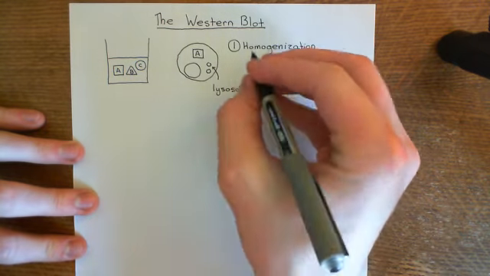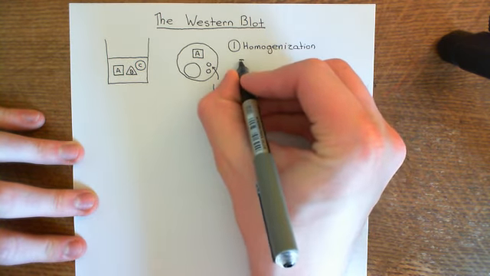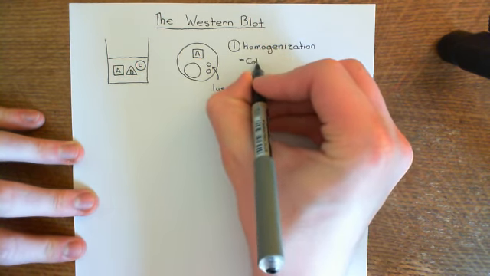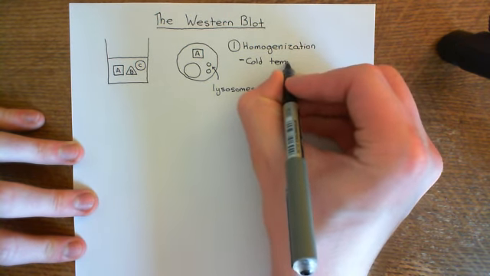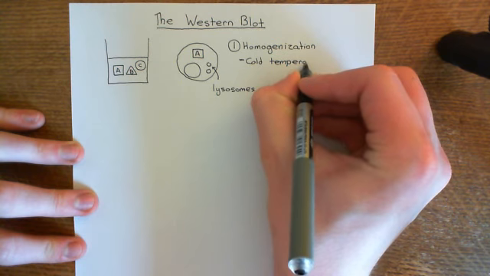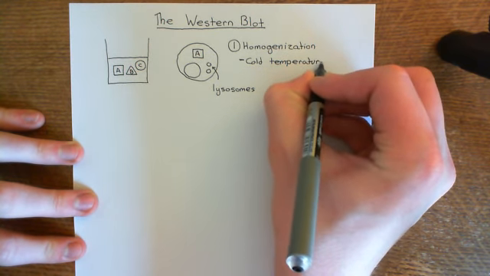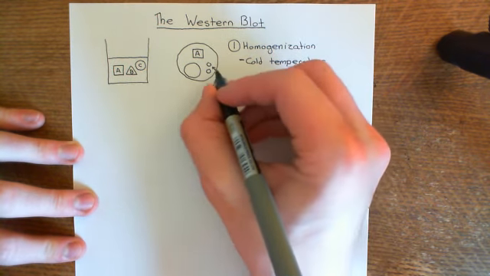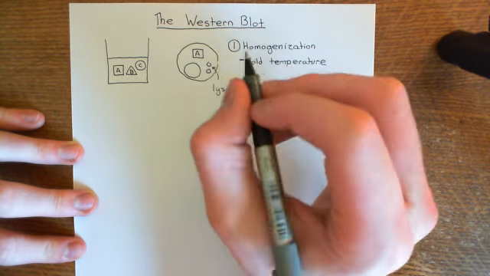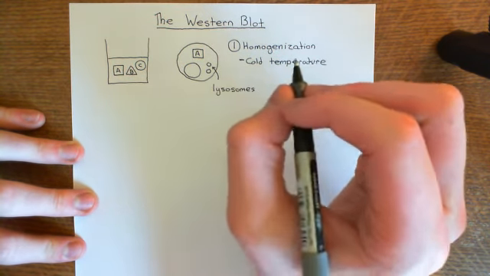So what you do is you homogenize at a cold temperature. Not a really cold temperature, but a temperature which will slow down chemical reactions. It will slow down reaction kinetics, and hopefully stop the enzymes from being able to degrade the proteins at any reasonable speed.